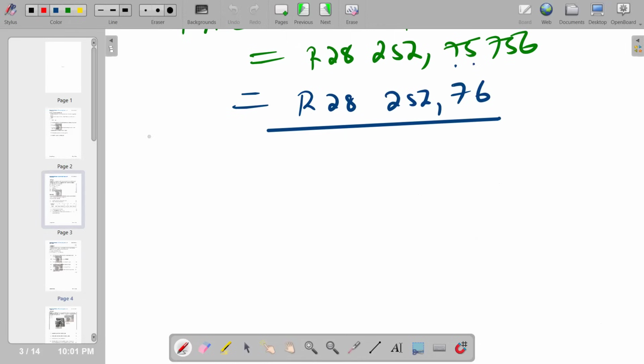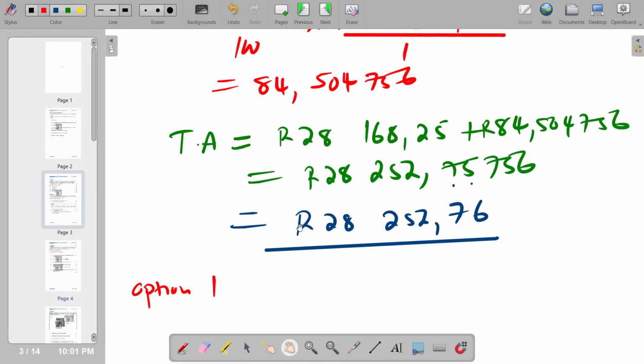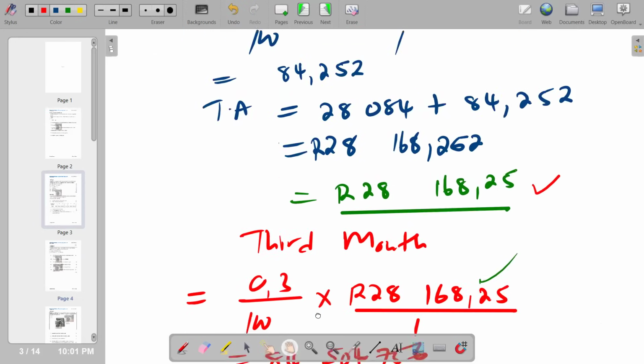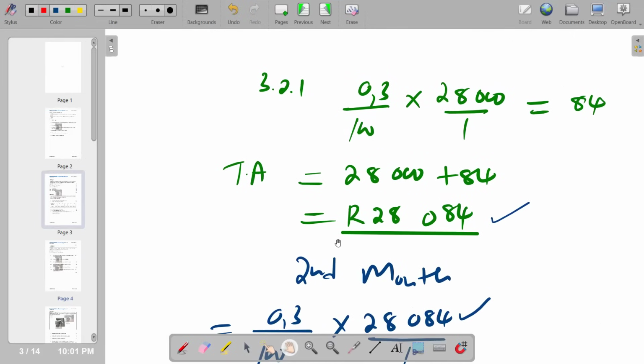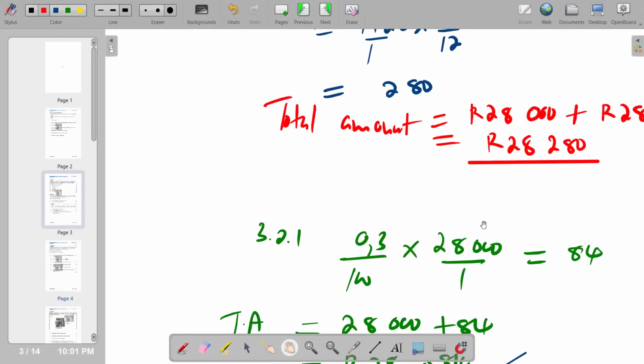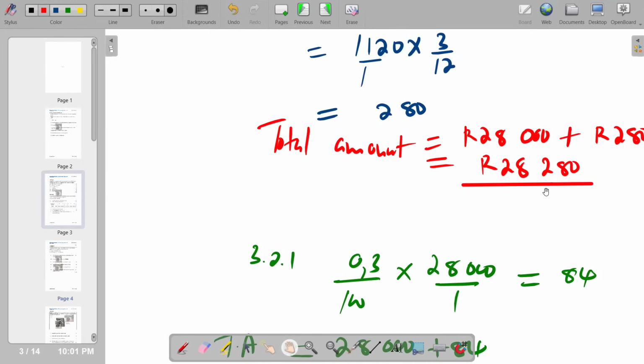So for option 1, the final amount that we had was 28,280, and then we subtract 28,000, the initial principal.